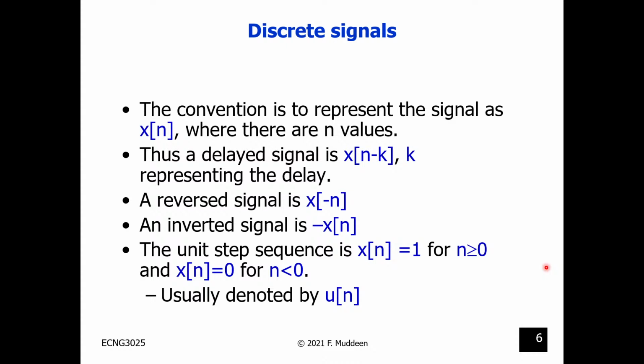Alright, so because we deal with discretized time signals, that means instead of x of t, which we conventionally know to be our continuous time representation, x of n here represents discrete time.